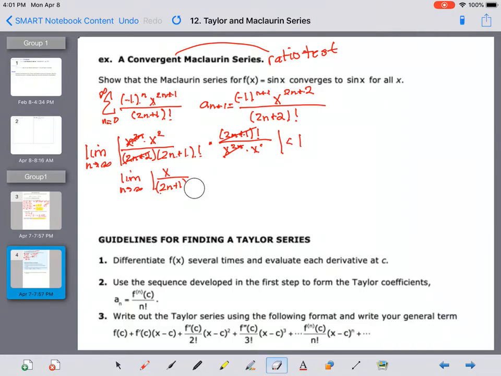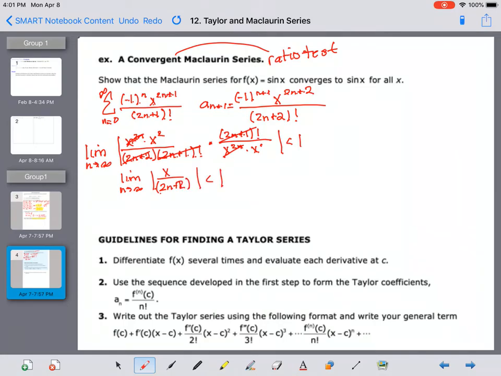We should have canceled out that one right there. So 2n plus 2, and this must be less than 1. Okay, let's undo that really quickly. Okay, I meant to cross out that one there. Okay, and this must be less than 1.